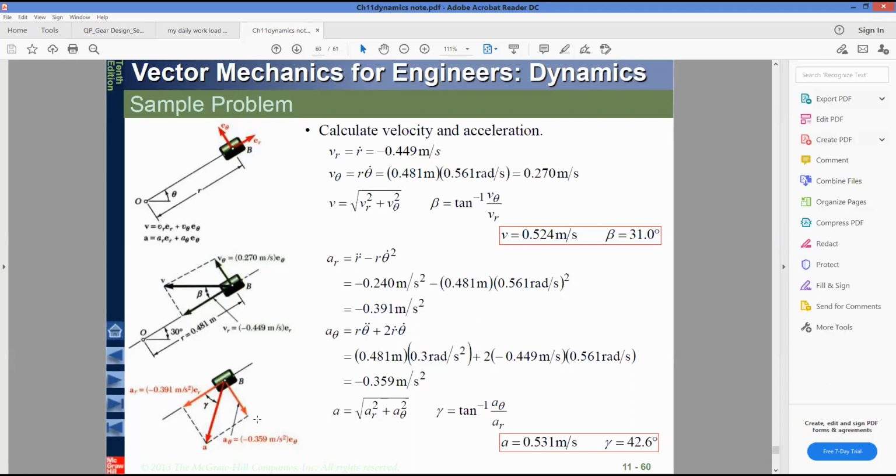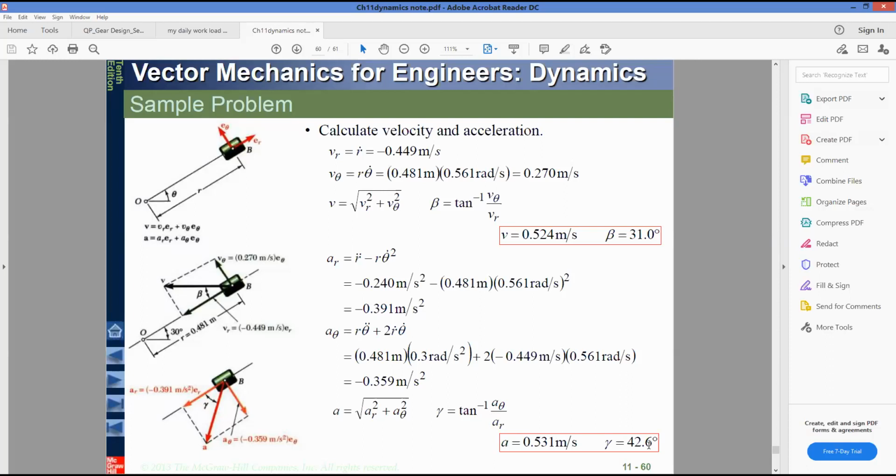Normally along this direction it is positive and along the upward direction it is positive. As this value is minus, that's why you put the arrow in this downward direction. And the angle between the two components of acceleration, the radial and the transverse, that is gamma, is denoted as 42 degrees.